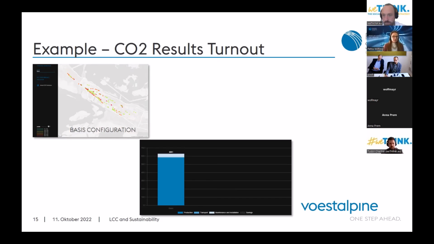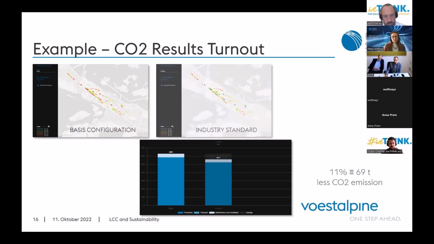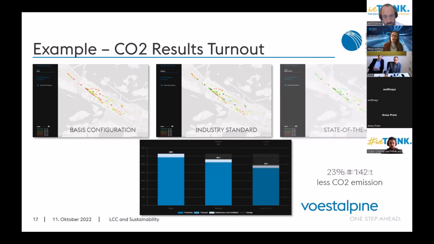For example, here you see the basis configuration has turnouts marked in red, so higher CO2 emissions compared to the others. If we are using the industry standard, you see the turnouts over the entire production site will be marked in green and orange, so we can save CO2 emissions, in particular here 11%. And by using the state-of-the-art, we can save 23% of CO2 emissions.